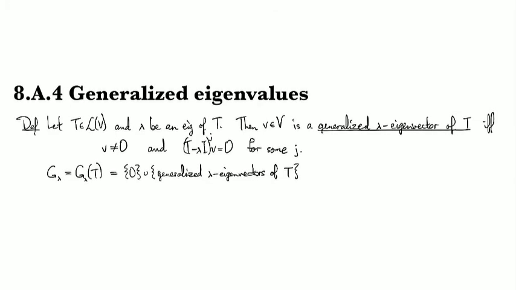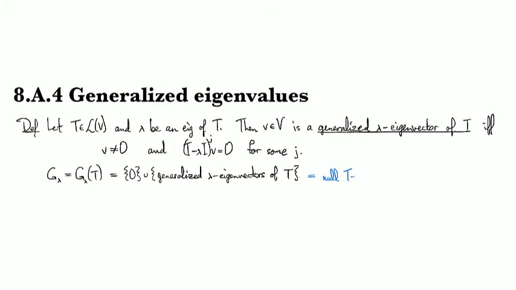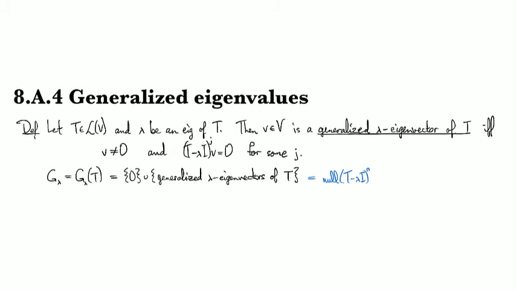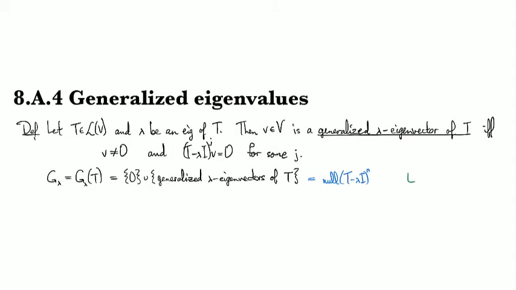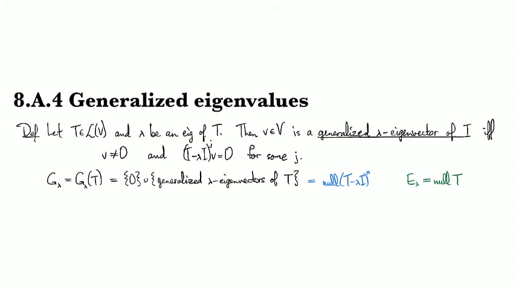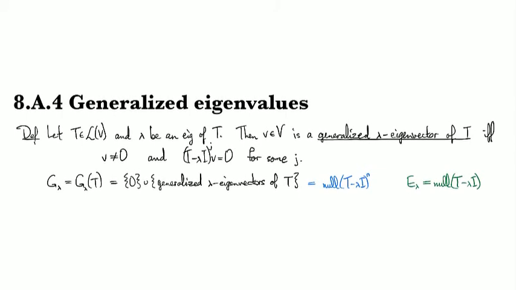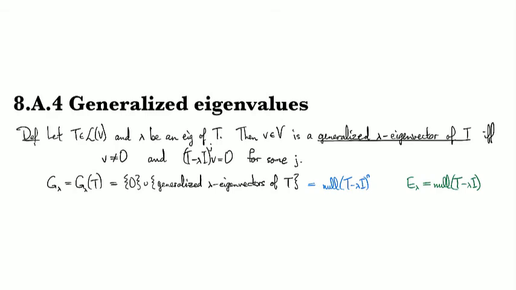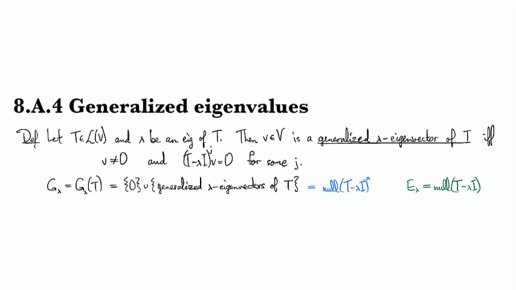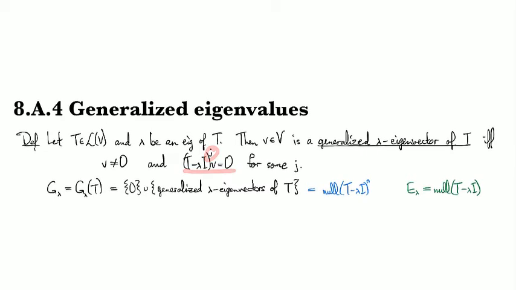And then what we'll see in a moment is that this is also the null space of (T minus lambda I) raised to the power n. And if you recall, the lambdath eigenspace is the null space of T minus lambda I. So these generalized eigenvectors are ones where maybe T minus lambda I doesn't kill it, but when you raise it to some power, then it does kill it.